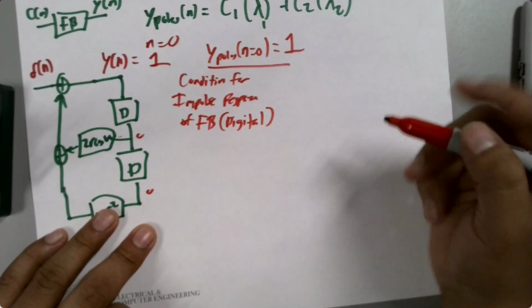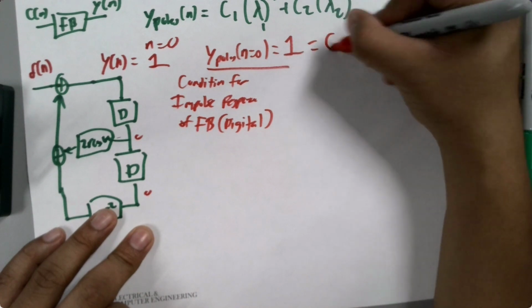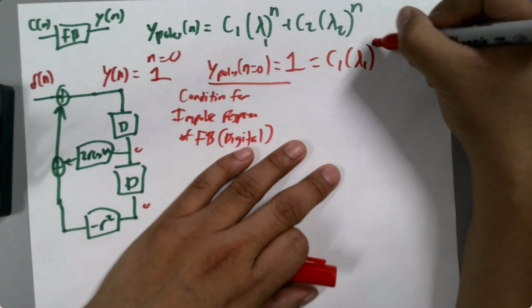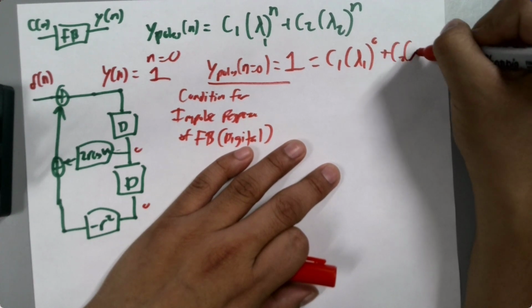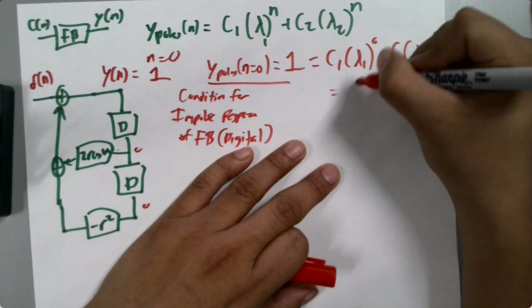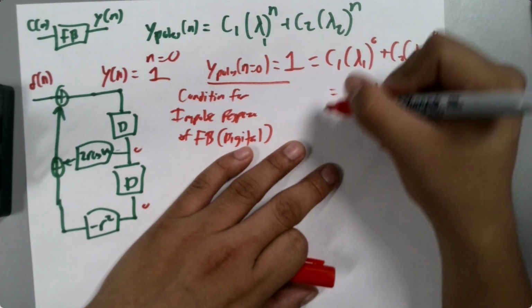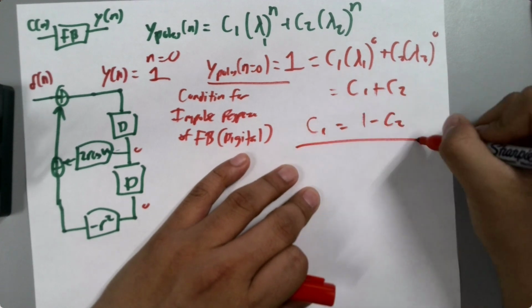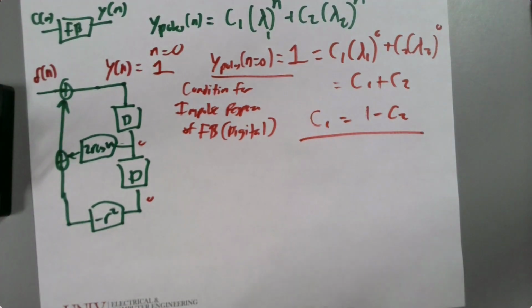All right? Which is equal to C1 lambda 1 to the 0 plus C2 lambda 2 to the 0, right? Which is equal to C1 plus C2, and C1 is equal to 1 minus C2. Got it?